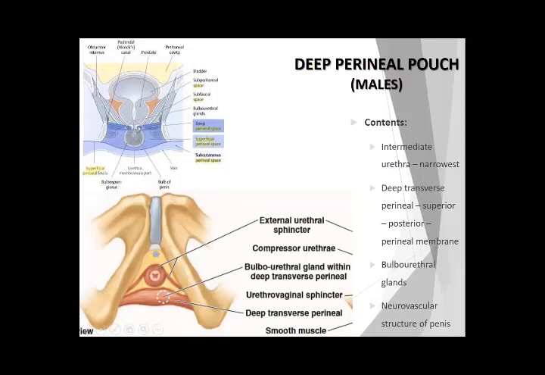The ducts of the bulbourethral glands pass through the perineal membrane and enter into the spongy urethra. We've already talked about this earlier when we did the internal genital organs in the male. And of course, don't forget you have neurovascular structures that supply the penis.